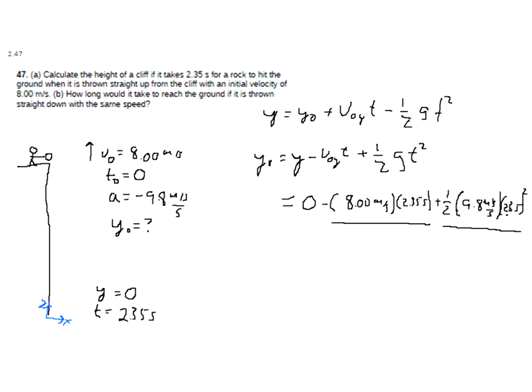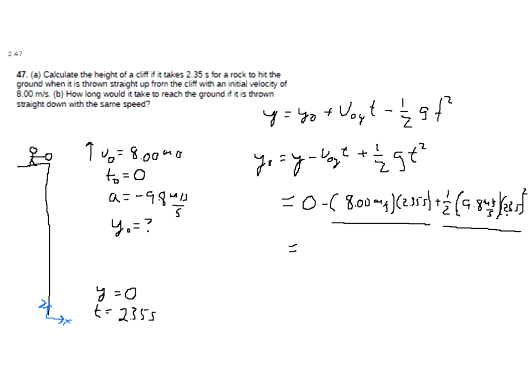This is the term that's moving the ball upward. Since the ball is going to end up at a net downward, it makes sense that the term moving the ball downward is going to be a bigger term than 8 times 2.35, which is about 20 or so. Not a lot bigger, but definitely bigger.